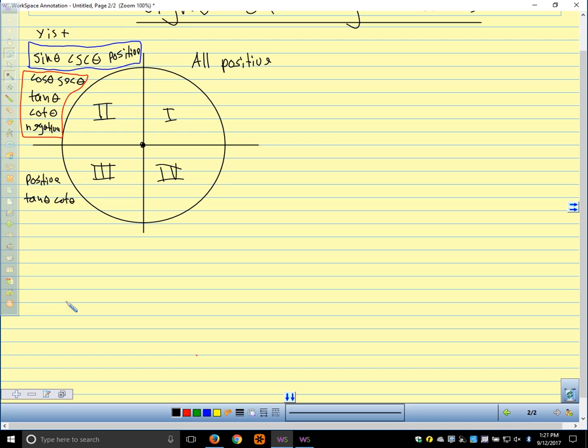The rest of them have to be negative, right? So sine theta, cosine theta, cosecant theta, and secant theta are all negative. So let's do our color coding. What did I do? Blue for positive and red for negative.